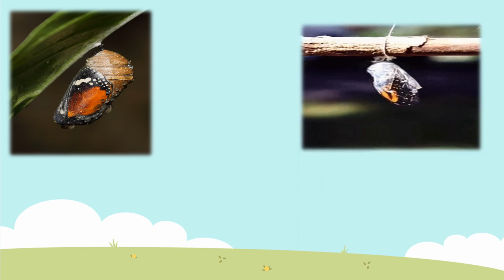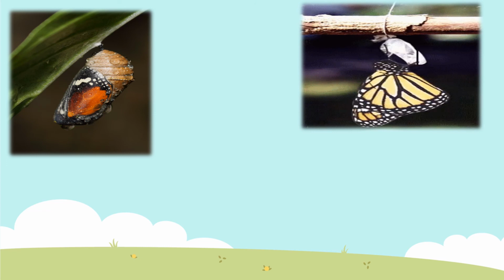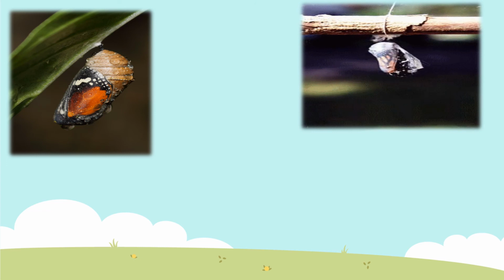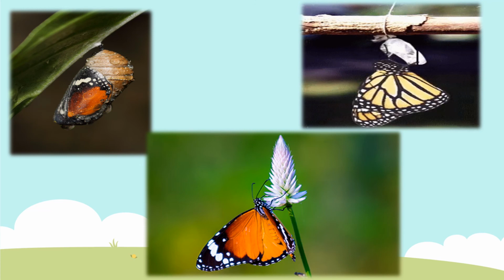The growth of the plain tiger gets completed inside the chrysalis. Then, the adult butterfly emerges from the chrysalis. It has 4 attractive wings and 6 long legs. And all the butterflies go through this stage of growth.